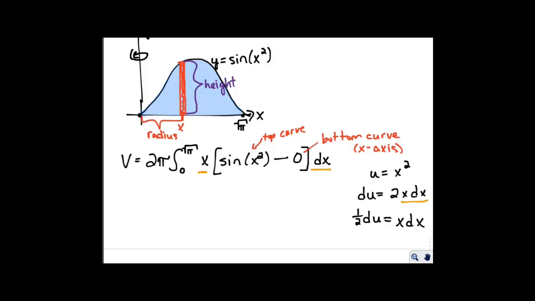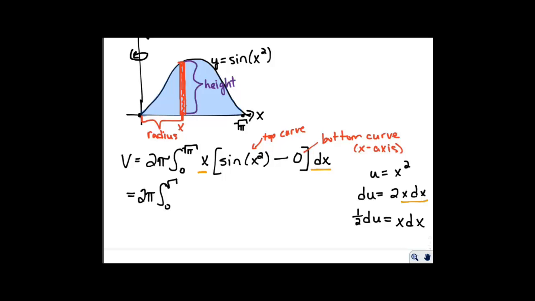So now we're going to do our substitution. Now mind you, our bounds from 0 to square root of pi are on x, but I'm going to go ahead and leave the bounds the way they are, and we will change it back to x before we evaluate.